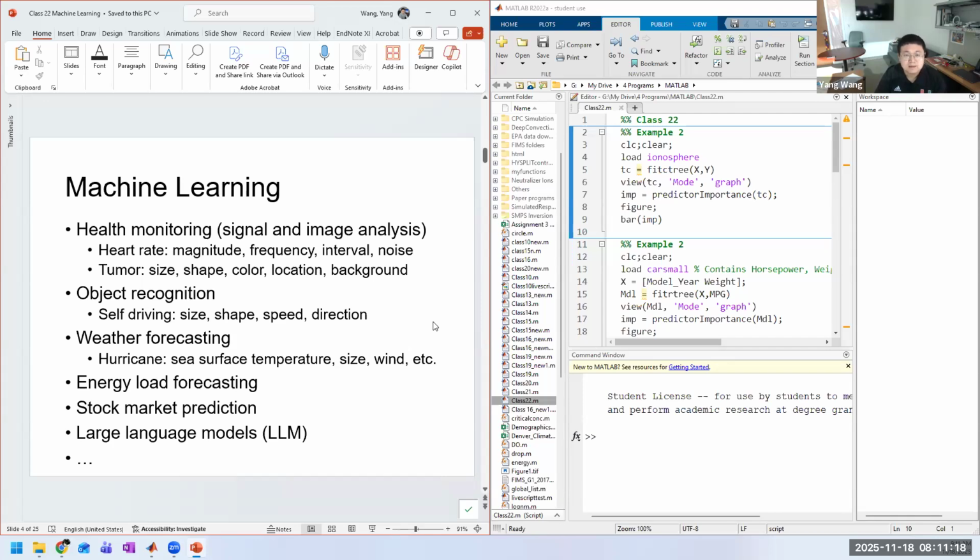So similarly with image analysis, we could do a lot of CT scans, right? We have the CT scans of healthy people, we have the CT scans of sick people.